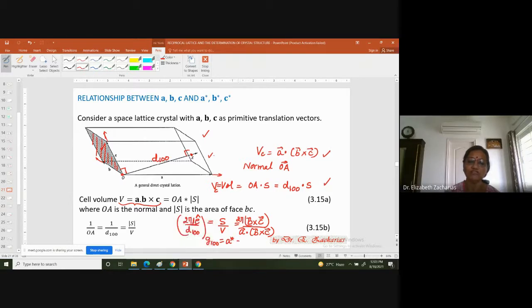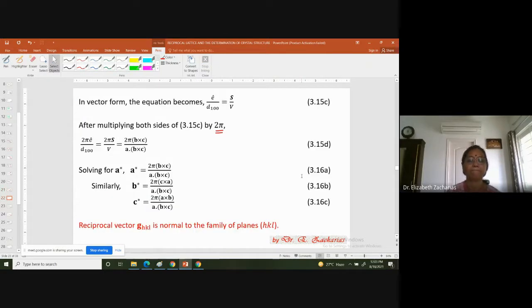So your A star vector is 2 pi B cross C divided by A dot B cross C. That's the relationship between A star and A, B, C. So A star equals 2 pi into B cross C divided by A dot B cross C.